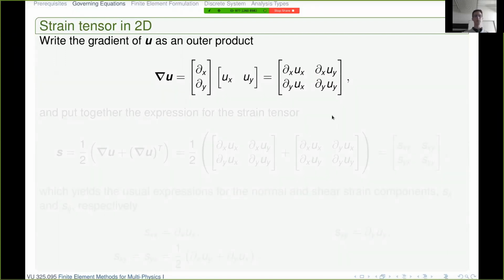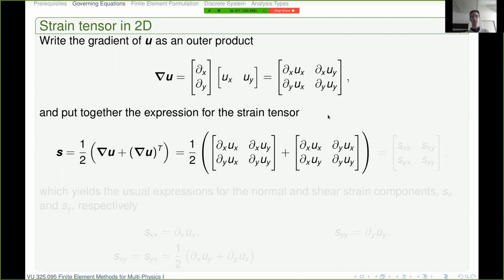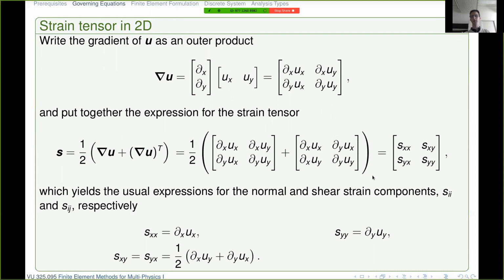Okay, and then we put this together. So we write down the expression for the small strain, for the linearized strain tensor, and we insert what we have. The second expression is transposed, and now we can denote these four components as the sxx component, sxy component, syx component, and the syy component. And you can see when you compare these terms that we obtain the usual expression.